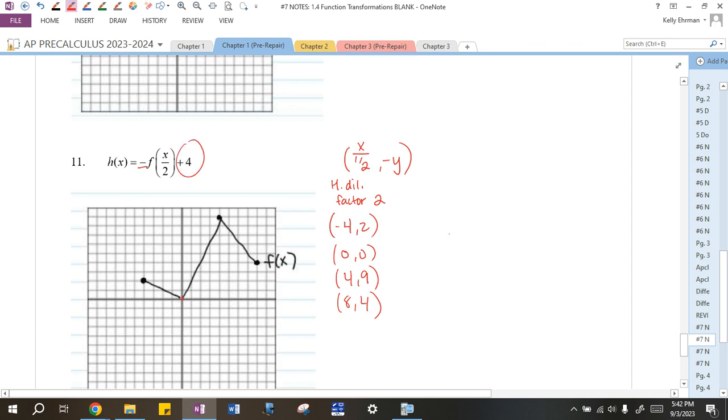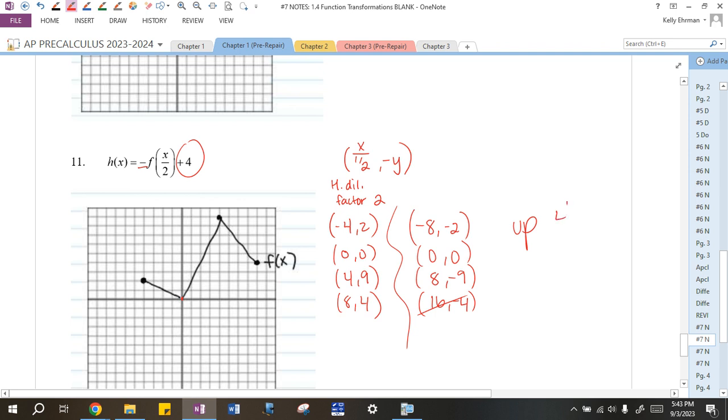After that, we're going up 4 after we do all the dilation stuff. So multiply everything by 2. (-8, -2), (0, 0), (8, -9). And this one's going to be off the graph, (16, -4). We should still think about where that is. We might sketch it in just so we get the right shape.